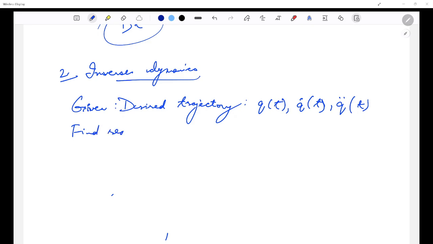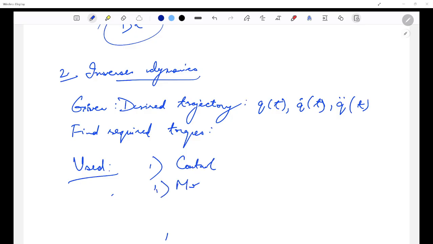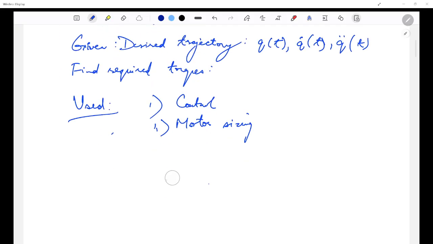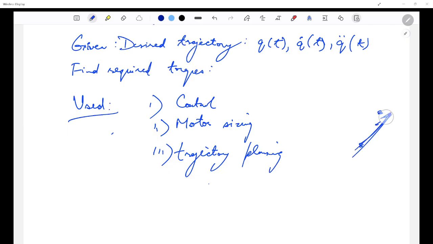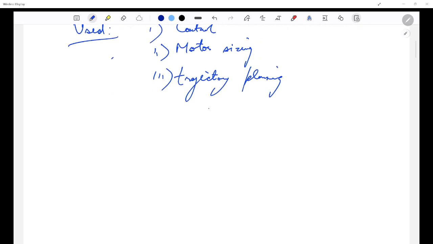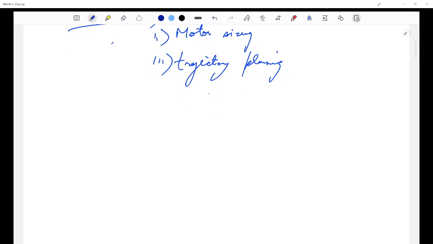You're supposed to find out what are the required torques. Okay, so why are they used? What is the utility of doing this? This is used in control, motor sizing, if we want to know what should be the capacity of the motor, and for trajectory planning. Let's say I want to go from this location to this location. What should be the joint torque that should be applied at the joints? Okay, so all of these.